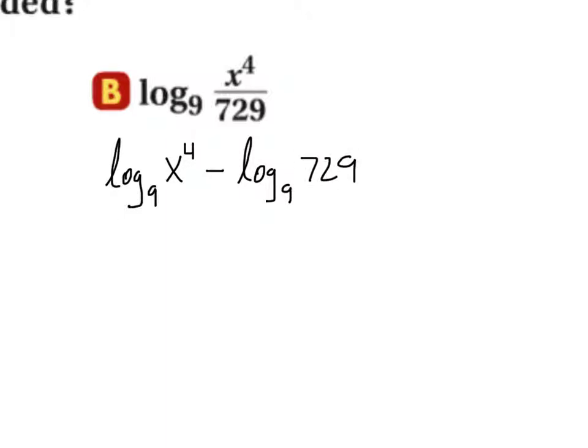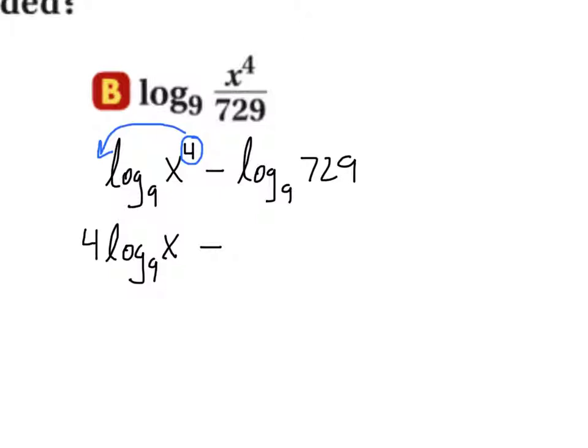Okay, next, I see an exponent. So what do I do with that? I pull that out in front. It becomes the coefficient of my logarithm. That's the power property. So I have 4 times log base 9 of x minus, now here's another little situation. Log base 9 of 729. Is that an easy one to evaluate?